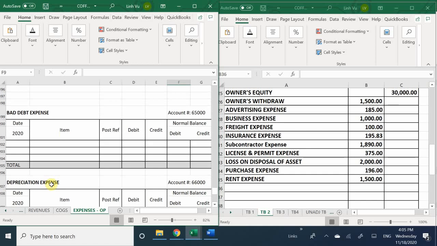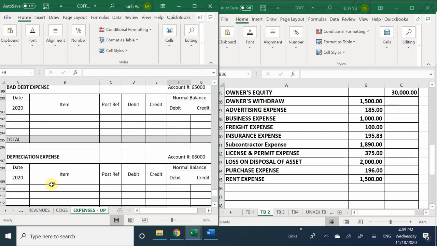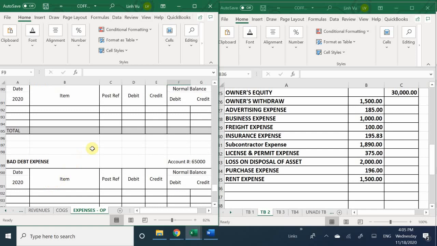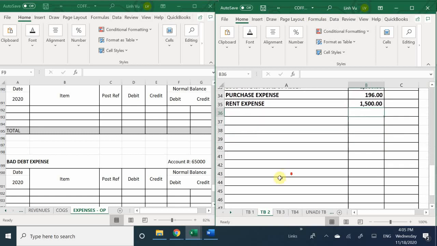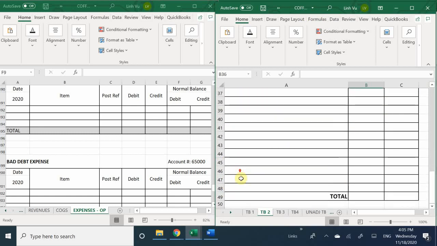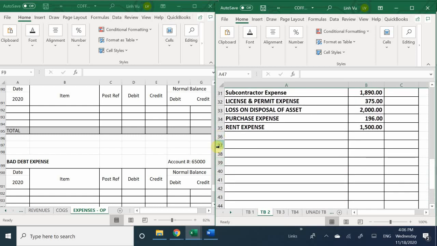Not yet. Bad debt expense, depreciation, and amortization? None of those, because these are adjusting entries. Okay. So here now we completed our little graph. Since I have a lot of extra space here, I'm actually going to tidy it up.